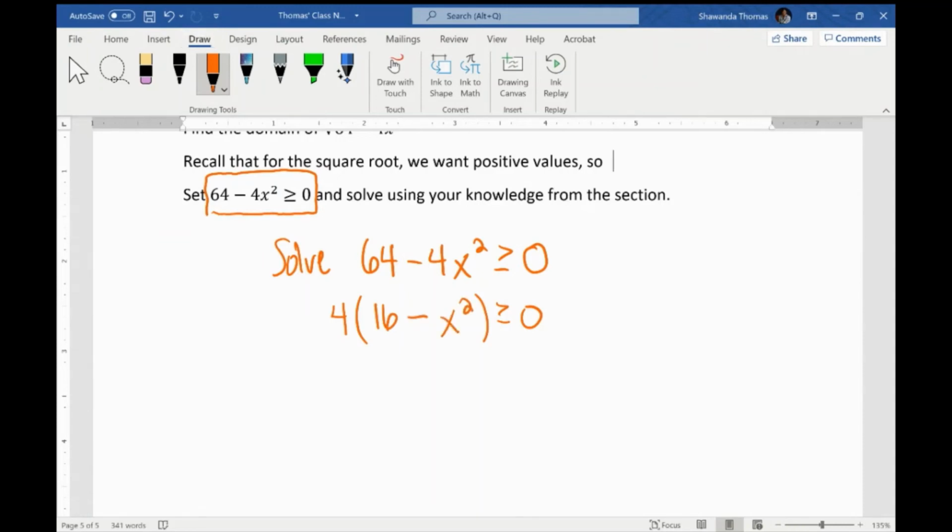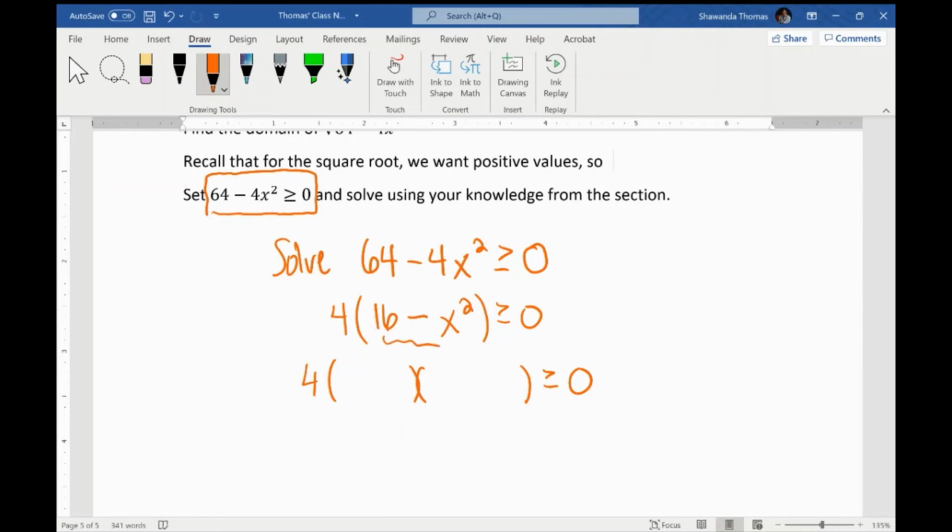Are we done factoring? No. It's going to have factors like x plus something, but this is backwards though.